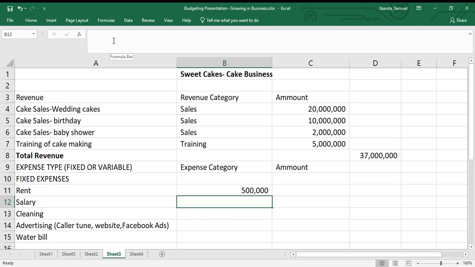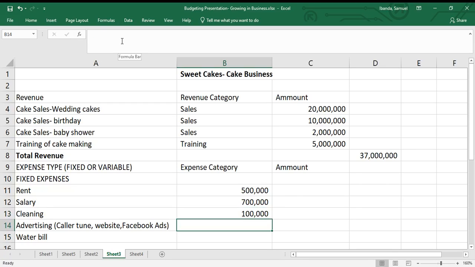Maybe you could also have things like salary. Maybe your salaries cascade to about 700,000. Maybe you could also have cleaning, maybe cleaning is just 100,000.